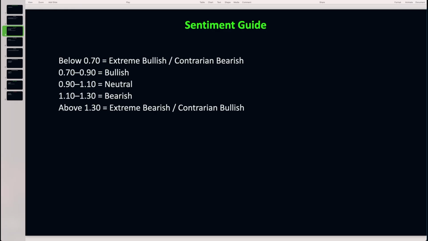A lot of people will say 1.10 is starting to lead into fear. So between 1.1 and 1.3, you're going to be bearish. Extreme fear is going to be above 1.30.